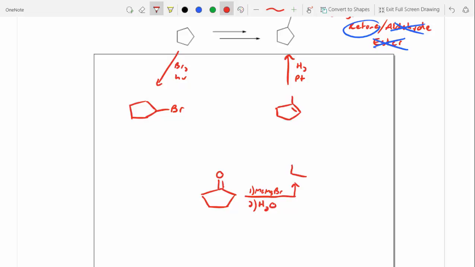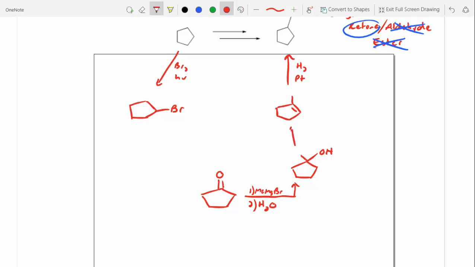Okay, if we do that, then our Grignard will look like this. Okay, so we're getting somewhere. We've got our beginning, we've got our end, we've got our middle. Now we've got to connect the dots a little bit.